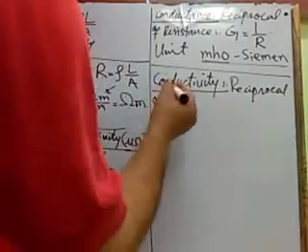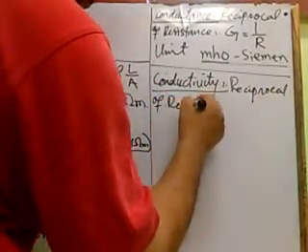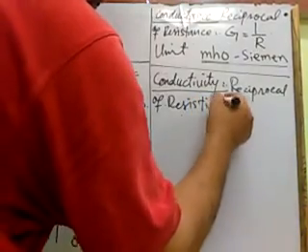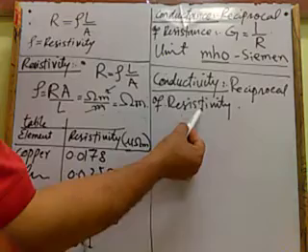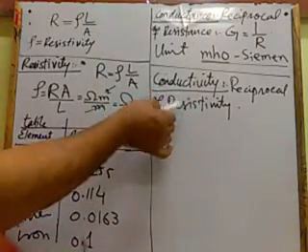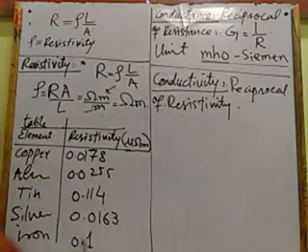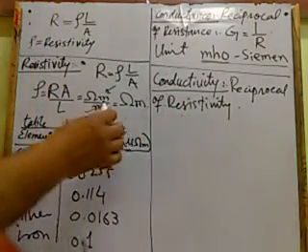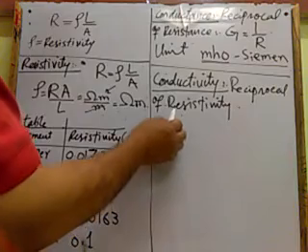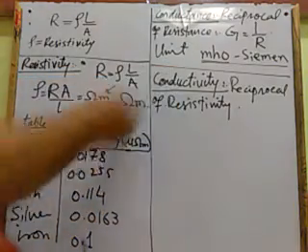Materials which have higher values of resistivity will have lower values of conductivity, and the materials which have very little resistivity will have a greater value of conductivity.